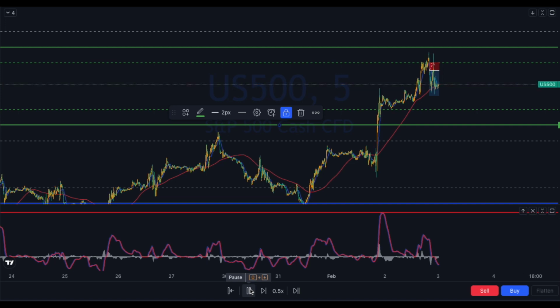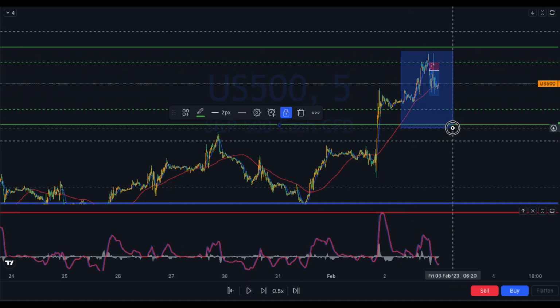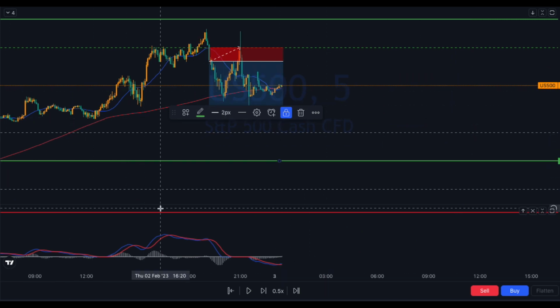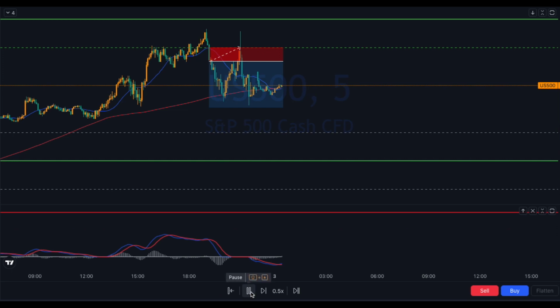We are about to get an MA cross right now. We're definitely in the market to get an MA cross. If I was to zoom in, we can see it actually has crossed over. So it has crossed. Let's let this do its thing.